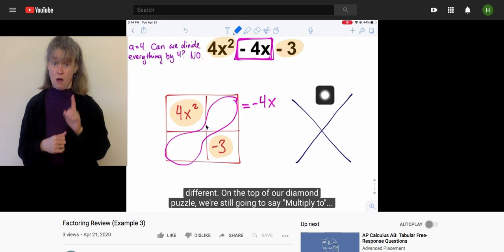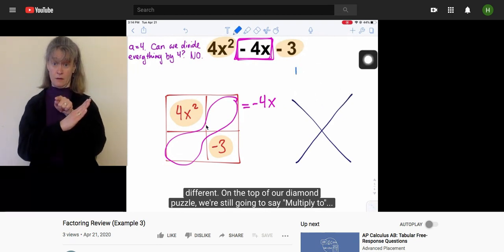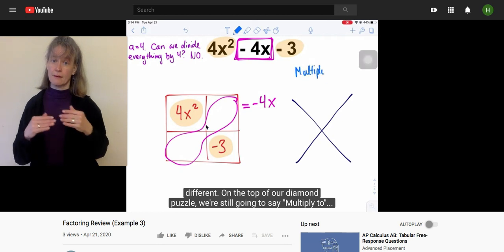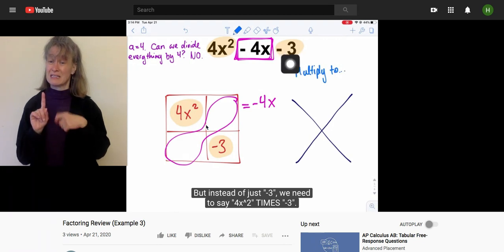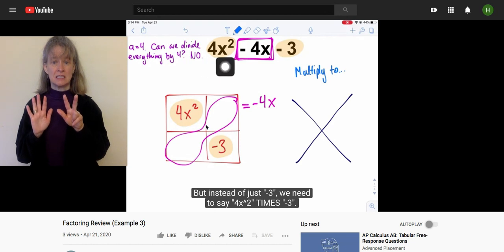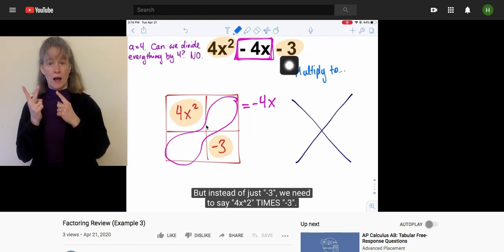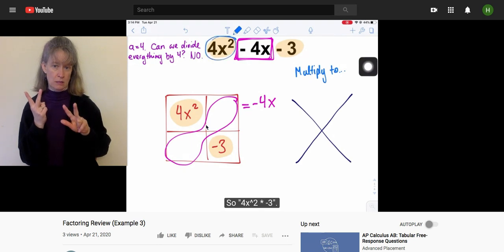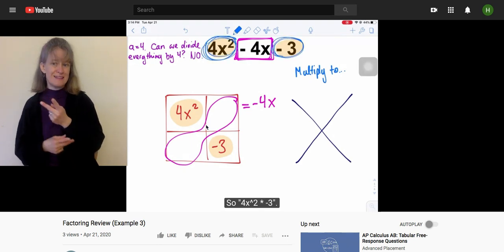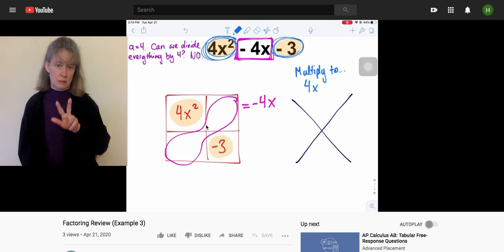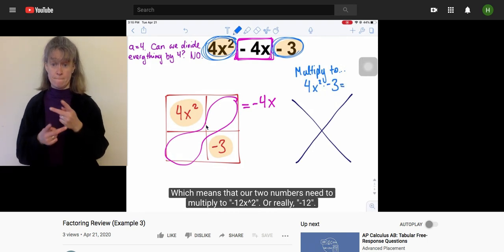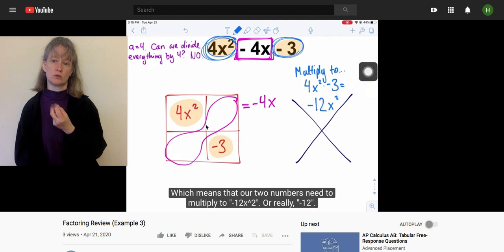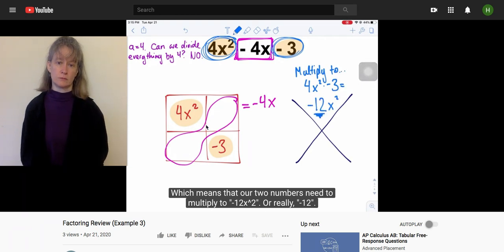On the top of our diamond puzzle, we're still going to say multiply, but instead of just negative 3, we need to say 4x squared times negative 3, which means that our two numbers need to multiply to negative 12x squared, or really negative 12.